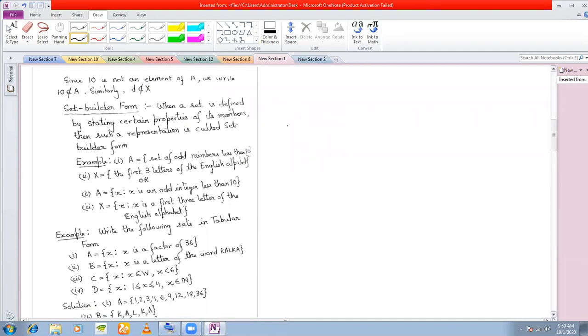For example, let us say the first example that I have taken, A is equal to, we write X such that. We are defining a variable X, and this colon that we are giving means such that.